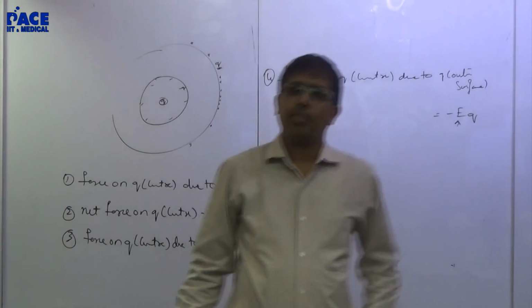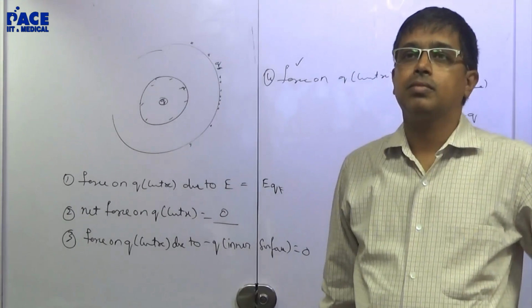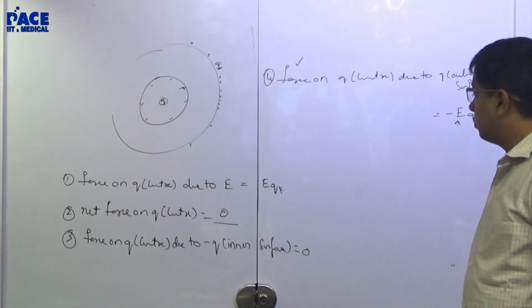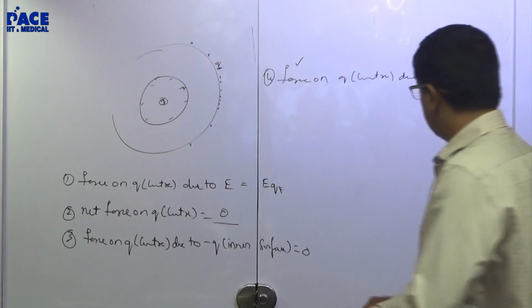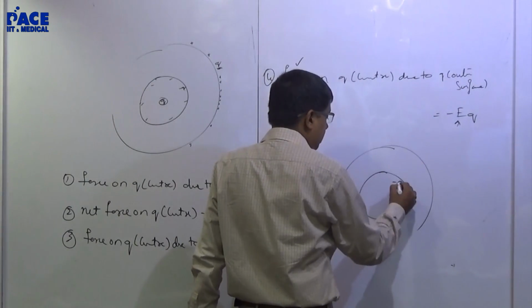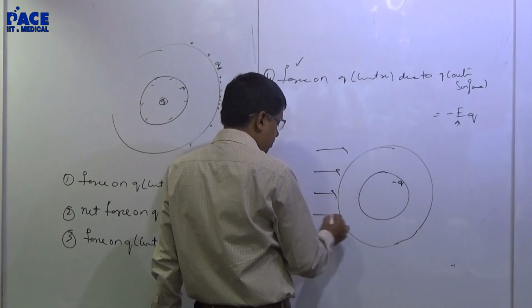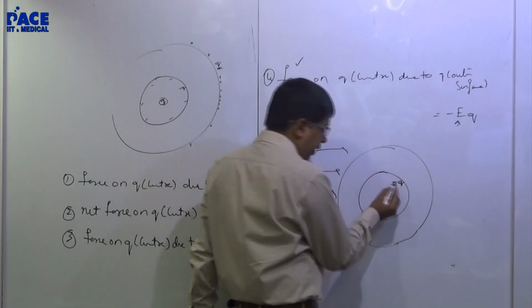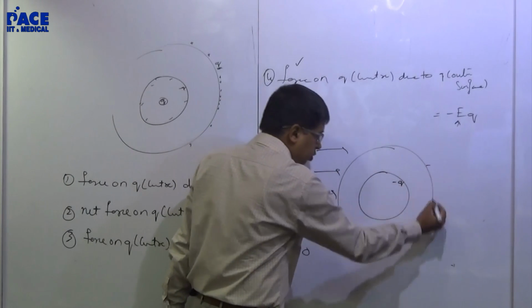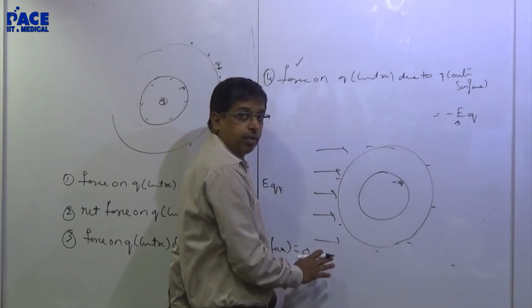Sir, in this example which you have just rubbed out, if we had not placed the Q in the center and we simply placed minus Q on the inner surface, hypothetically, then what would be the final configuration of the system? Again, you place minus Q here. The moment I do this, this will come to the outer side and it will be redistributed uniformly in the absence of this field.